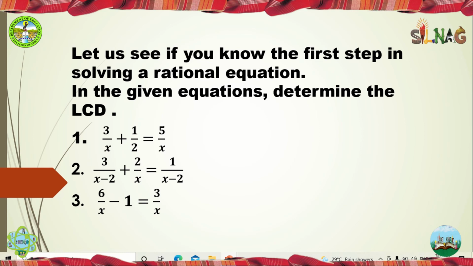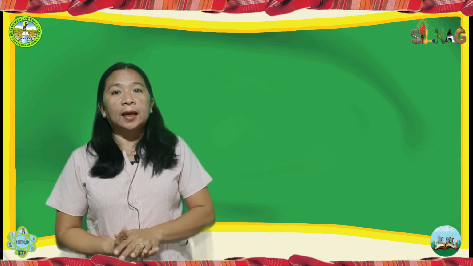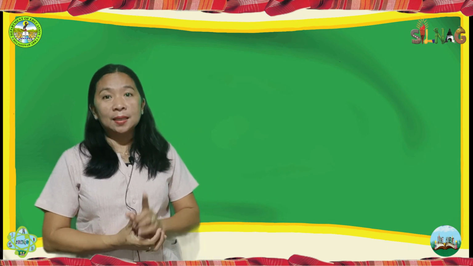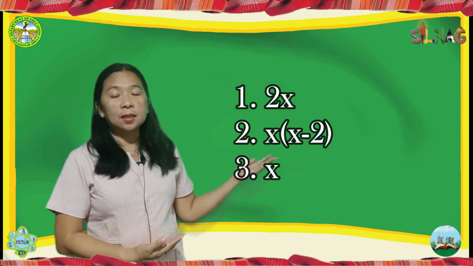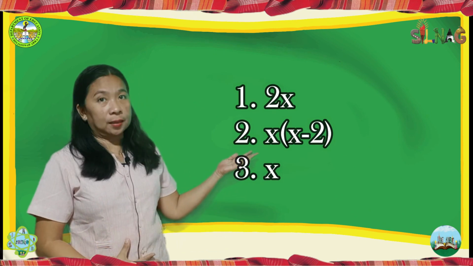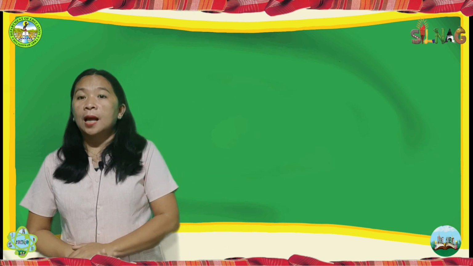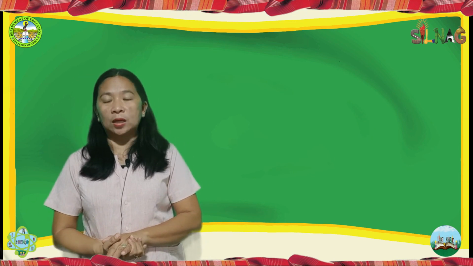Number 3, 6 over x minus 1 is equal to 3 over x. Very good, you are correct. The LCD of number 1 is 2x, number 2 is x times the quantity of x minus 2, and number 3 is x. Again, let us state the steps in solving a rational equation.